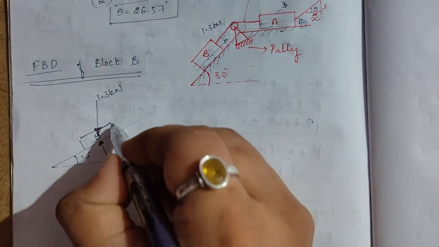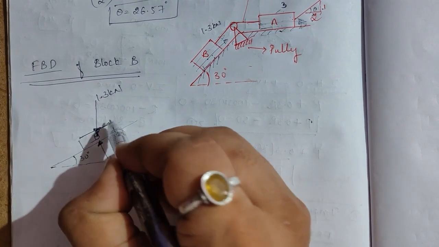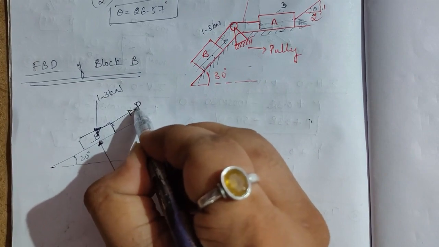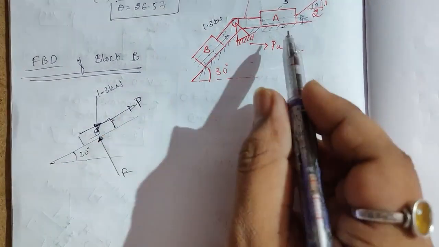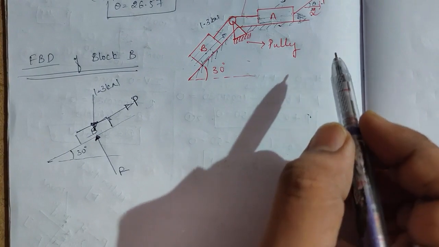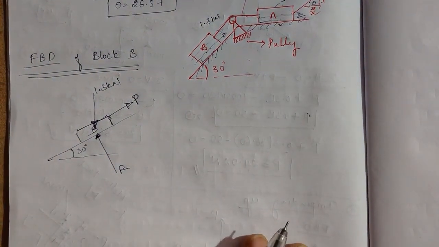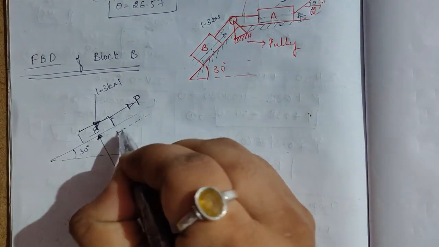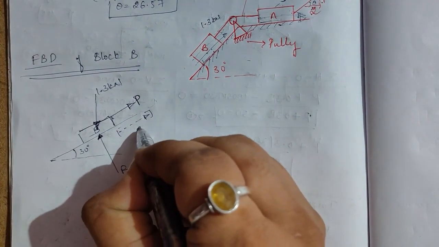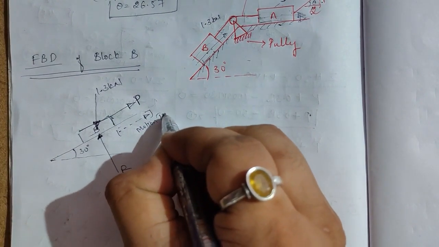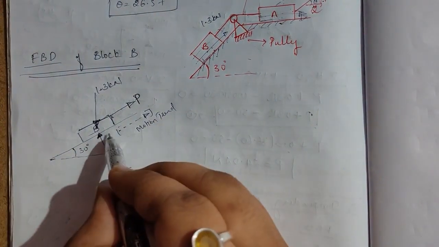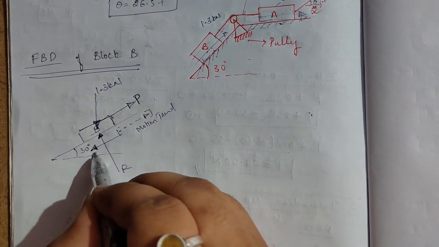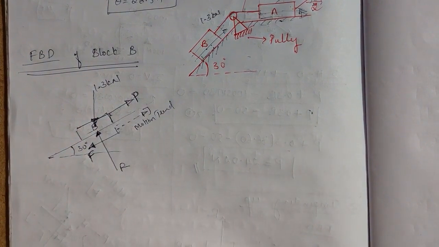So we have here the force P, so that it will go upward. If this goes upward only, the A will move towards right and we can find the value of T. So the motion trend is what? So like this motion trend, the body will go like this. If the body will go like this, opposite to that the friction force F will be there.